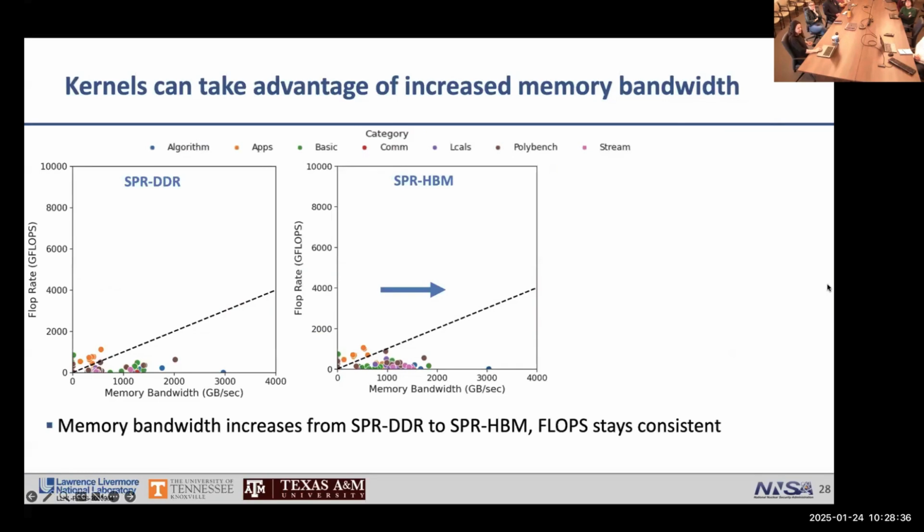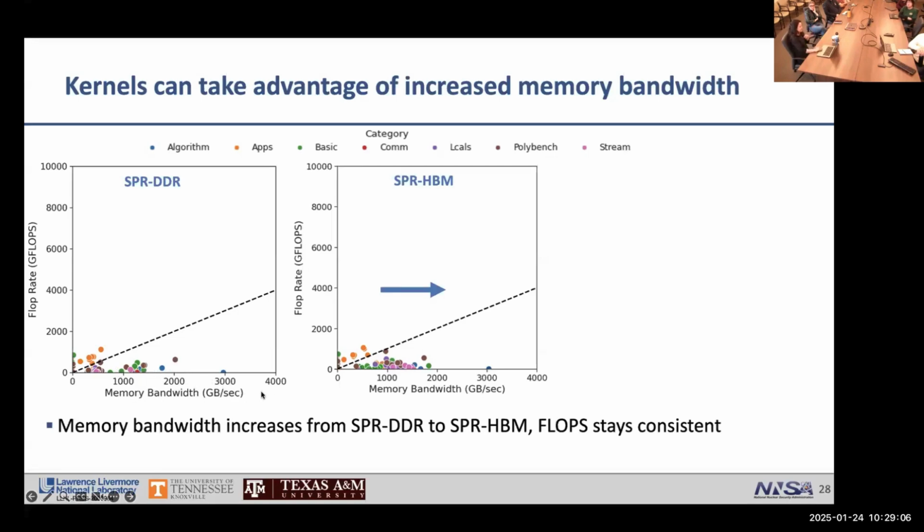Another way of visualizing this is looking at the memory bandwidth versus the flop rate, and then seeing which kernels can take better advantage of these increased memory bandwidths. Here we're seeing the Sapphire Rapids with DDR on the left and the Sapphire Rapids with HBM on the right. We do see this trend of the clusters down here, of the kernels, shifting to the right.